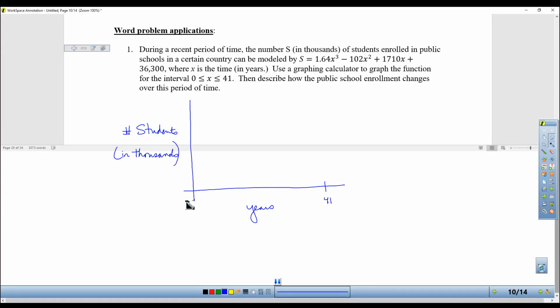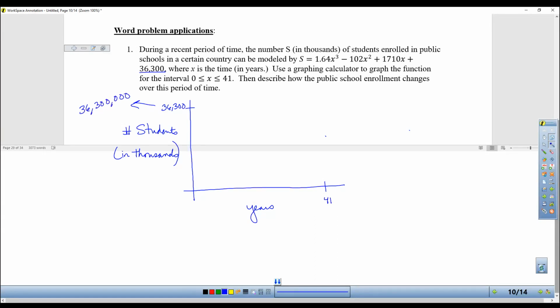But interestingly, the y-intercept of this is 36,000. So we know that this graph, which is cubic, is going to reach 36,300. But in thousands, that actually means 36 million.